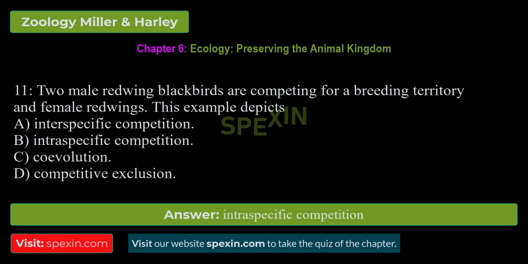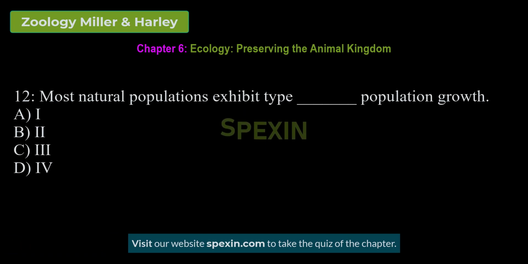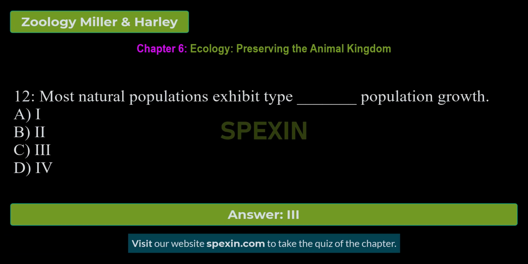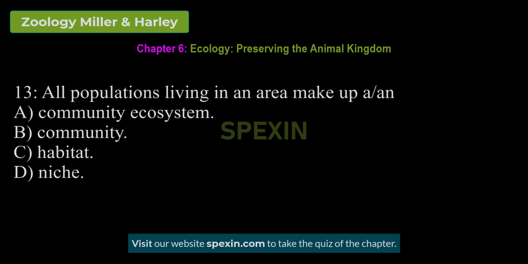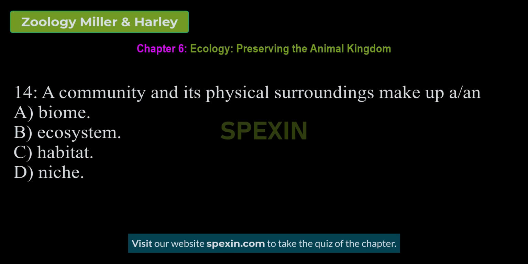Correct answer: intraspecific competition. Most natural populations exhibit type population growth. 1, 2, 3, 4. Correct answer: 3. All populations living in an area make up a community, ecosystem, habitat, niche? Correct answer: community. A community and its physical surroundings make up a biome, ecosystem, habitat, niche.